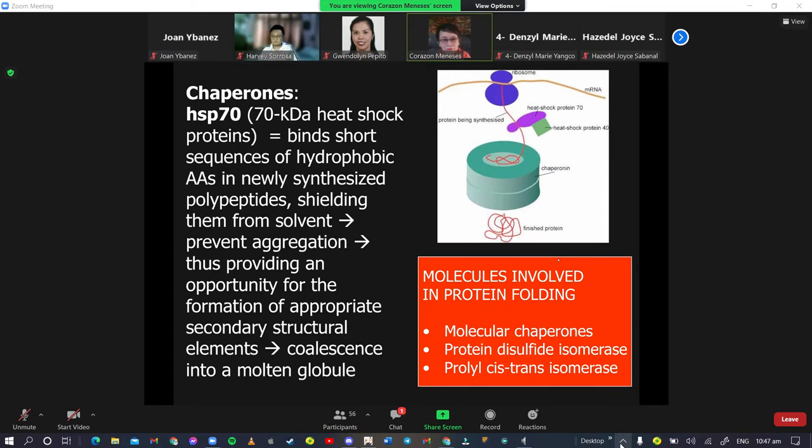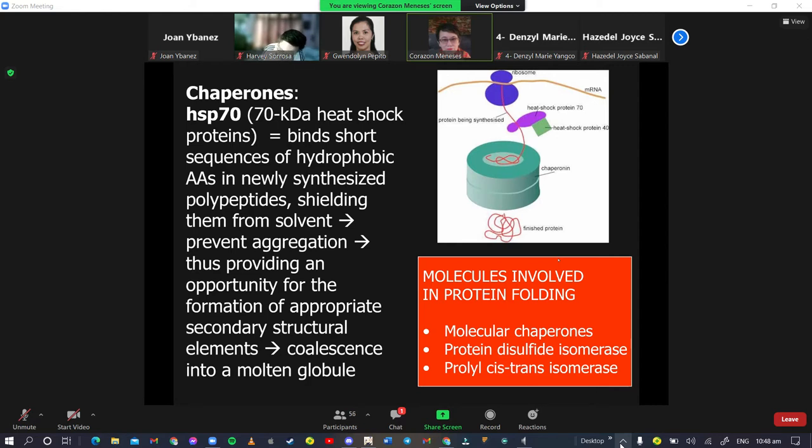So it prevents aggregation and shields them from the solvent, thus providing the opportunity for the formation of the appropriate secondary structure, and then to form the tertiary structure. Okay? So that is the big function of your chaperones.